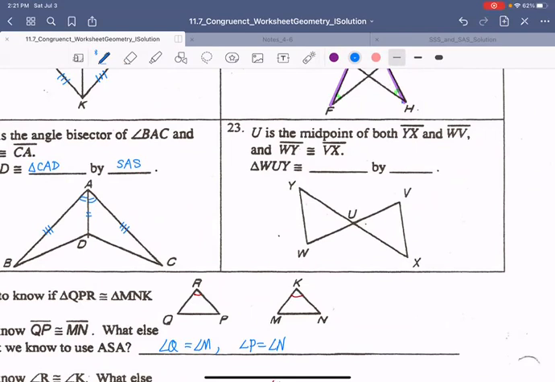Line WU is congruent to line UV. Line WY is congruent to line XV.